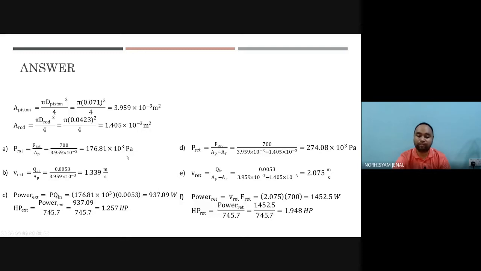So you can see from here, the pressure will be higher, velocity will be faster, and the power for the retraction will be much higher, horsepower will be much higher, meaning due to the area difference between AP and also AR.